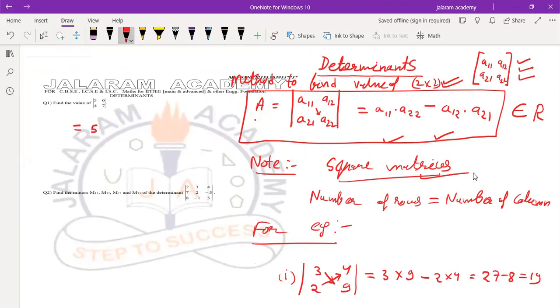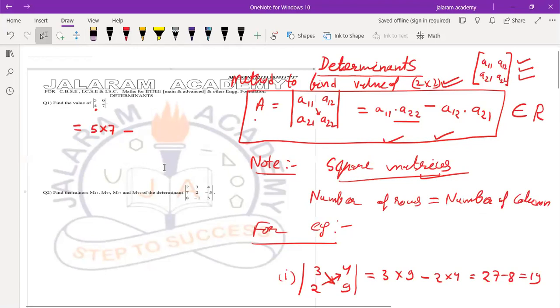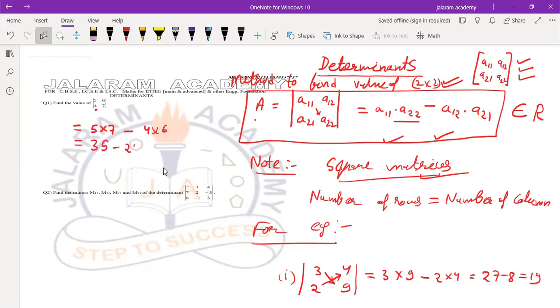A11 is 5 into A22 is 7 from this formula, minus A21 is 4 into A12 is 6. 35 minus 24 equals 11 will be the answer.